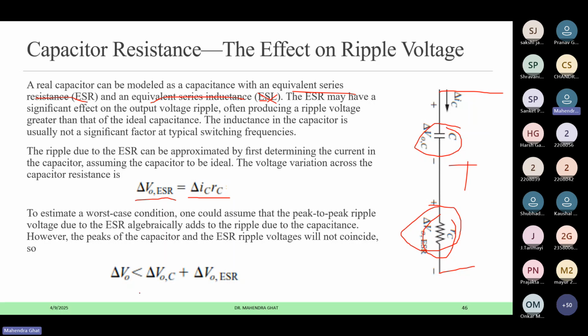So the total ripple will be the addition of these. It should be less than the delta VO you are given, that is, less than delta VOC plus delta VO ESR. That is the one non-ideal condition we have to consider when calculating delta VO.